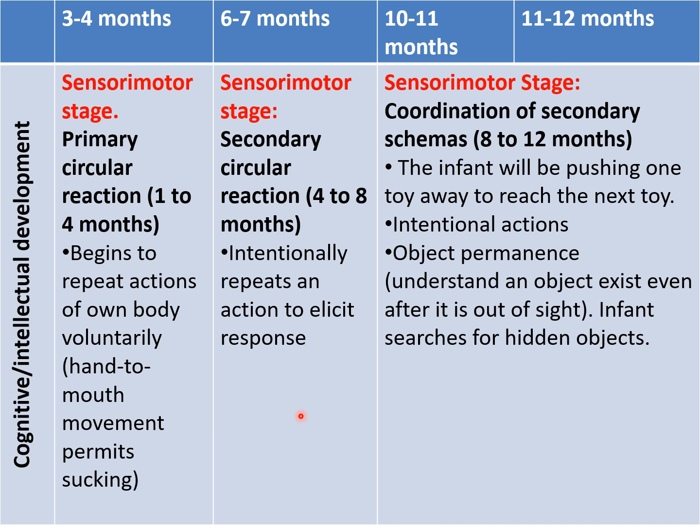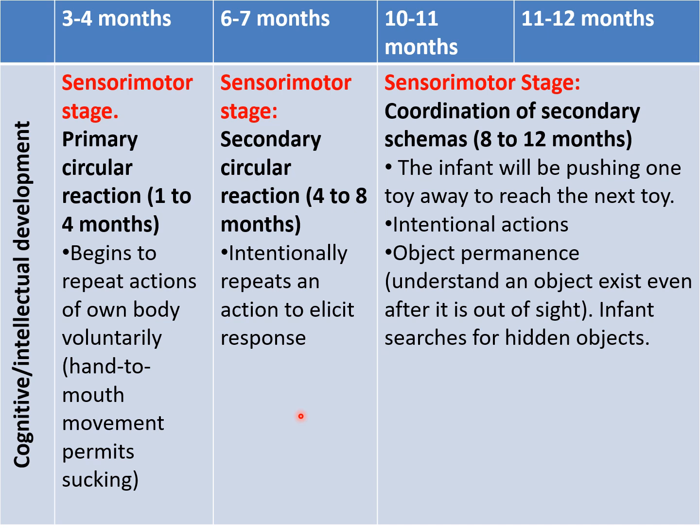Secondary circular reaction. The third stage of their cognitive development shows their intelligence. The third stage is coordination of secondary schemas, from 8 to 12 months. The infant will push one toy away to reach the next toy. So they know that they have to push one thing aside to reach the next. So that is coordination happening now.